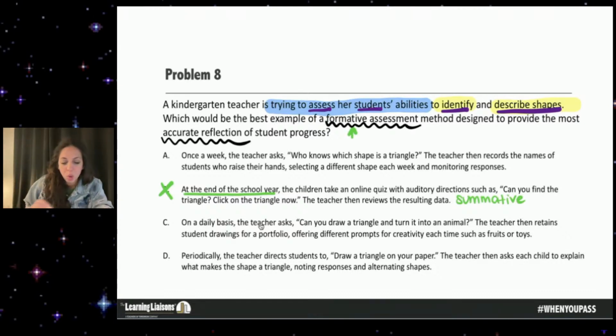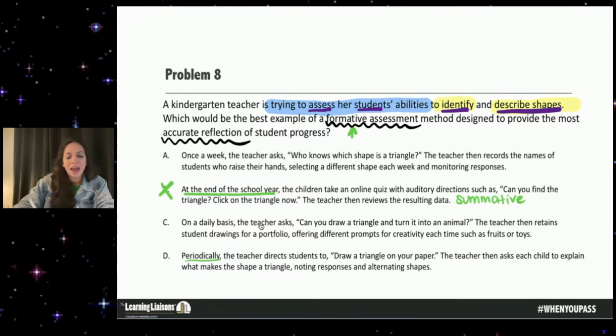So A, once a week, on a daily basis, periodically, all of those would be considered formative. Now, I don't want you to get stuck on periodically, because periodically could mean every other month, but it could also mean every other day, really.